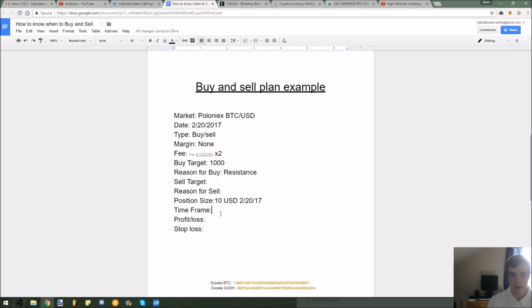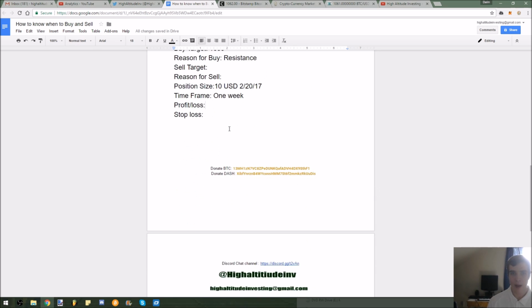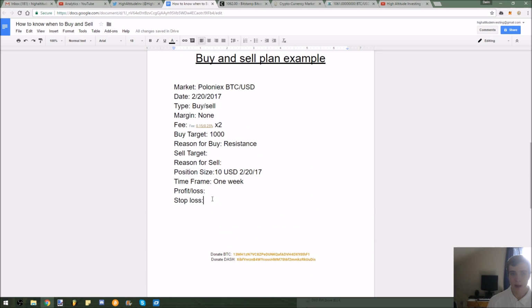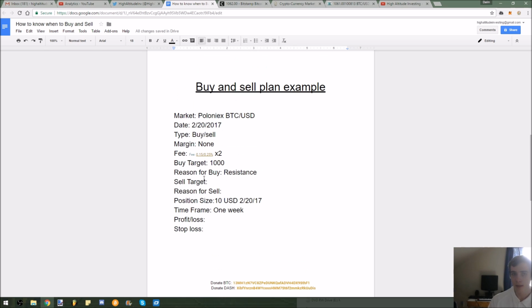My time frame was 1 week. My profit target, I'll put that when I actually get there. Stop loss isn't applicable until part 2 either, because once you have the funds, you can't set a stop loss. But we'll get into that in part 2.